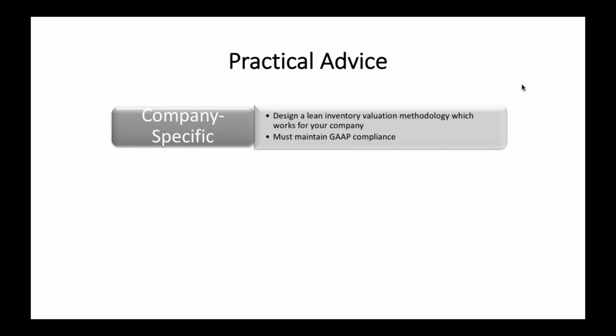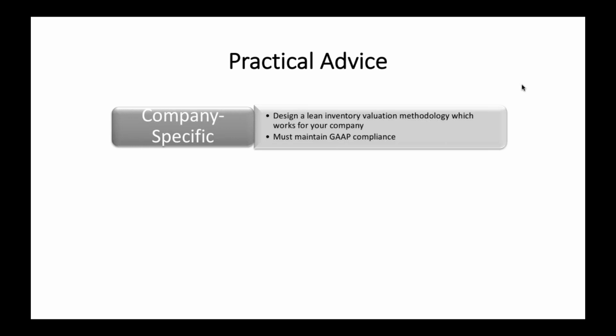I gave you some examples. Those are just sort of starting points. But you have to work with your company. You have to understand your inventory situation, the number of products that you have, and any kind of auditing reporting requirements to come up with a system.